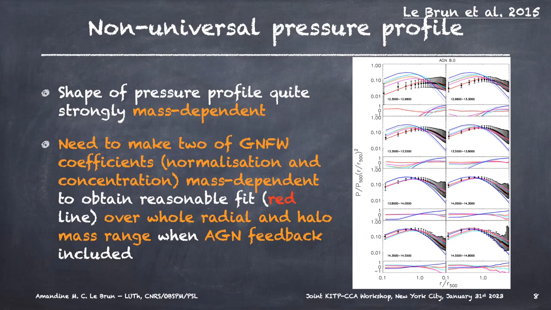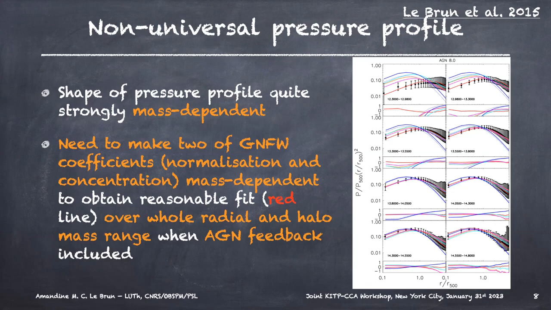The black points are the measurements in the simulation. The blue is the Arnaud filter, and it's basically a generalized NFW shape. And if you want something, while keeping the generalized NFW shape, that works for the whole radial range and the whole mass range, you need to make two of those coefficients mass dependent, which they weren't at the time, and you obtain the red line.